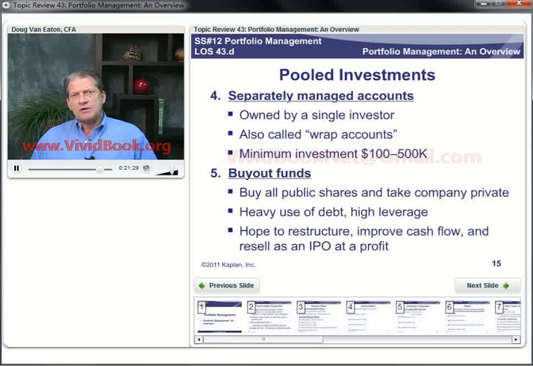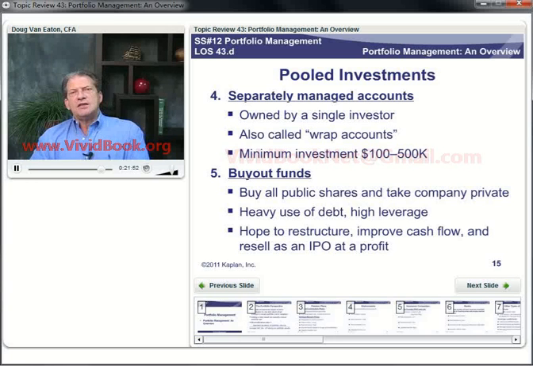Now typically they use a lot of debt, and you hear the terms leveraged buyout or LBO quite a bit. Sometimes we hear MBO or management buyout. That's just a buyout where the current management of the company is a significant part of the buyout group. There would be ownership of a significant part of the company once it's taken private.